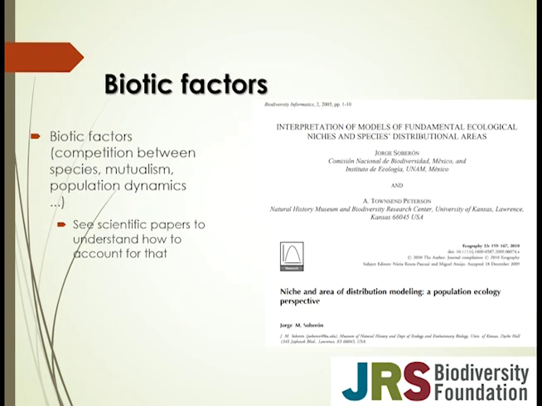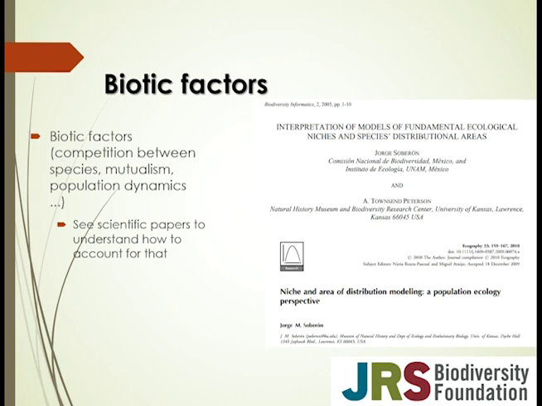Now, what about the biotic factors? Here, it is about competition between species, mutualism, population dynamics, etc. Please refer to the scientific papers I selected for you here. The first one is from Soberon and Peterson, interpretation of models of fundamental ecological niche and species distribution area.